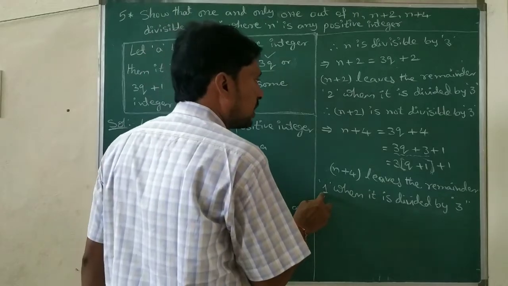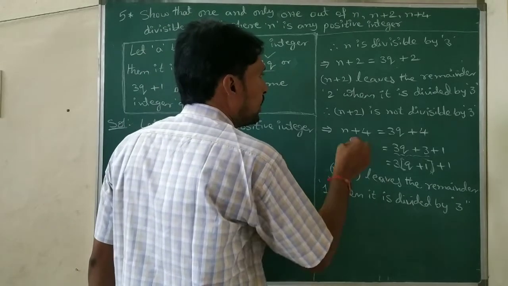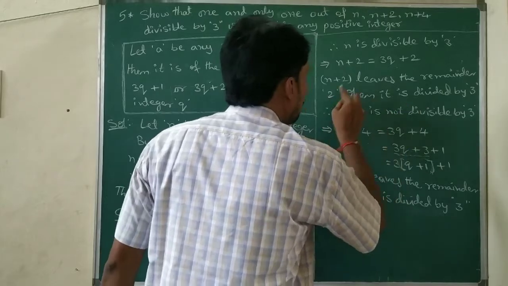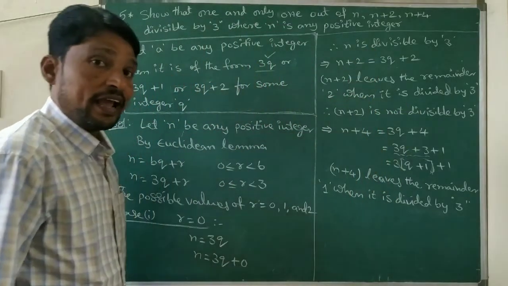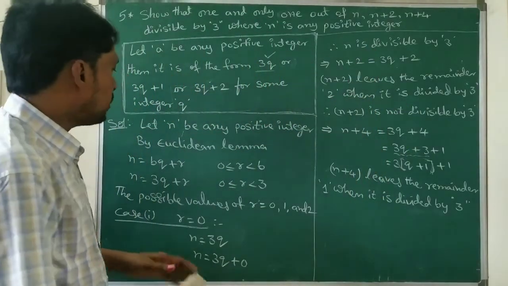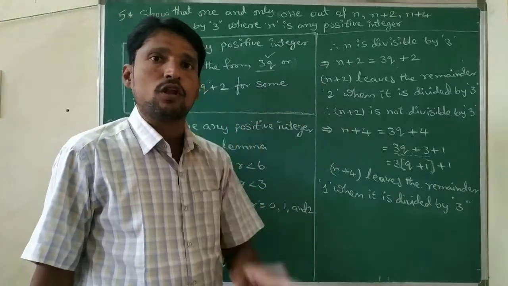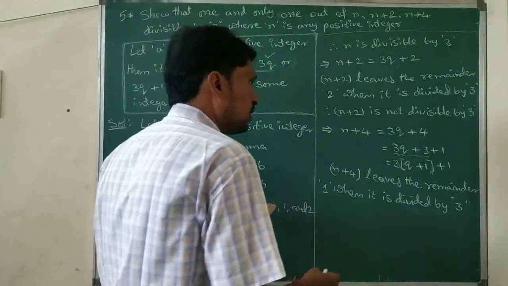So we are getting the remainder 1. N plus 2 means the remainder we got here is 2, and the first one is exactly divisible. So in this n, n plus 2, n plus 4, in which one is it divisible or not? That conclusion we can write.